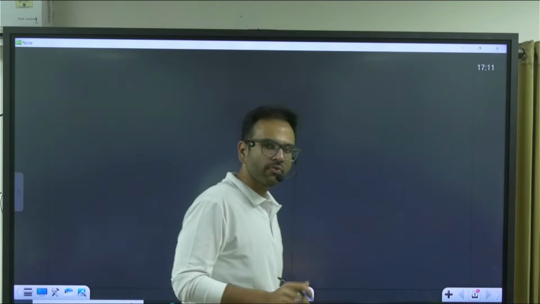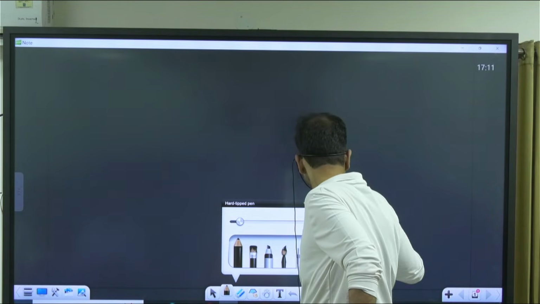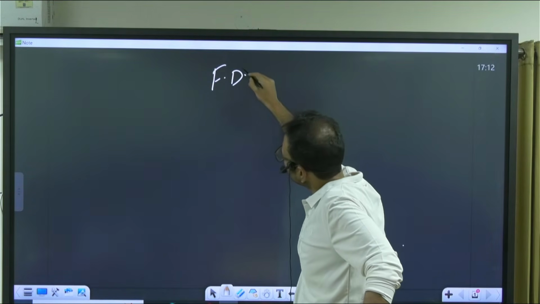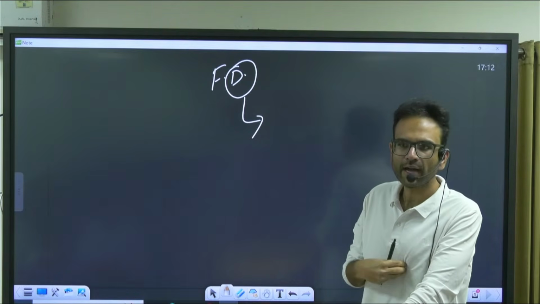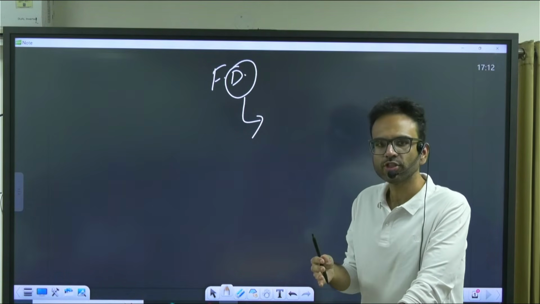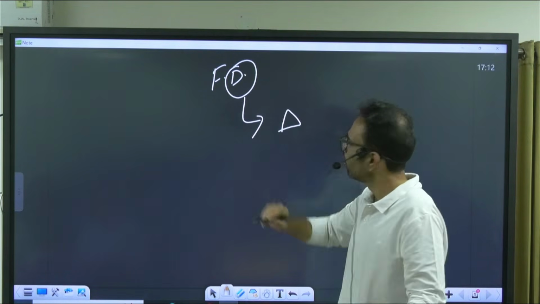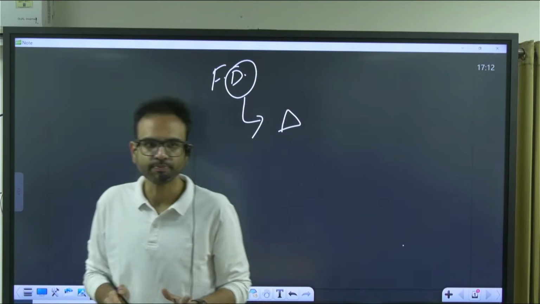So when you're talking about fiscal deficit, what is the formula? Deficit simply means how much you have and how much you actually need. The delta, delta means difference, between what you actually have and what you actually need.